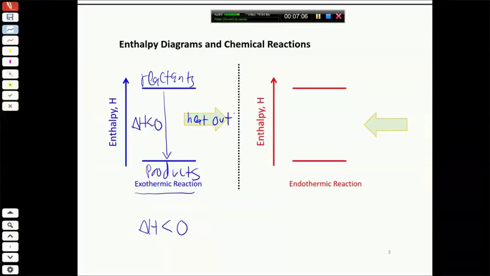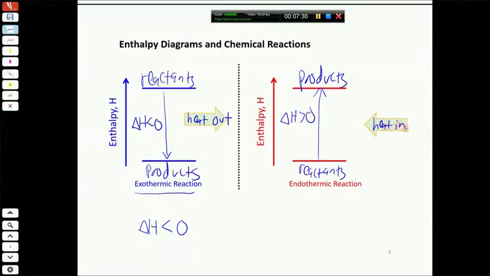And then we can have the opposite process for an endothermic process. So in an endothermic process, the reactants are lower in enthalpy than the products. So as you go from reactants to products, the enthalpy is increasing. Delta H would then be positive. And then you have heat going into your system, which results in a temperature decrease of the surroundings.